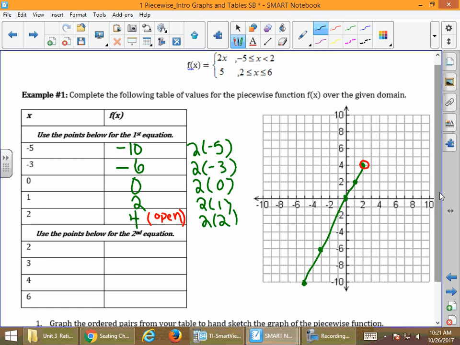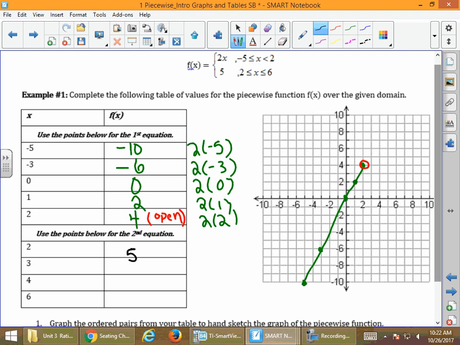Now we're going to draw our second piece. We've got the value 2 and 3 and 4 and 6. We're going to use those values back into our function. But there's no variable up here with our second equation, which is 5. So that means when we put 2 back into our function, our second equation, we get 5.